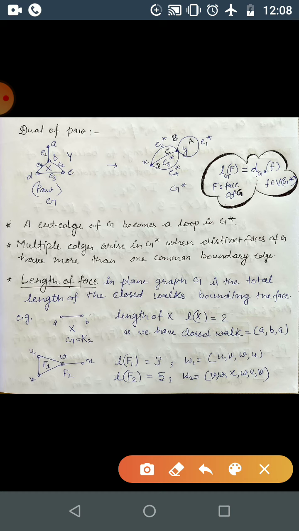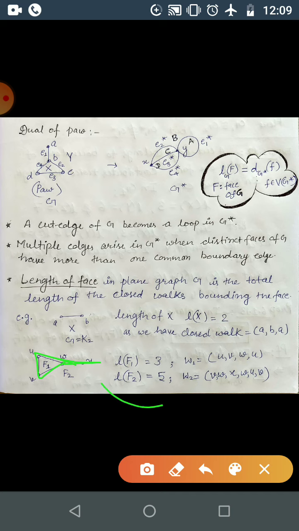Here the length of face F1 will be 3, because W to U, U to V, V to W. So this is U, V, W, U. You can have this as a closed walk. This boundary is closed by this one. And the length of face F2 is 5. Why? Because 3 is being counted here and this one is being counted twice.